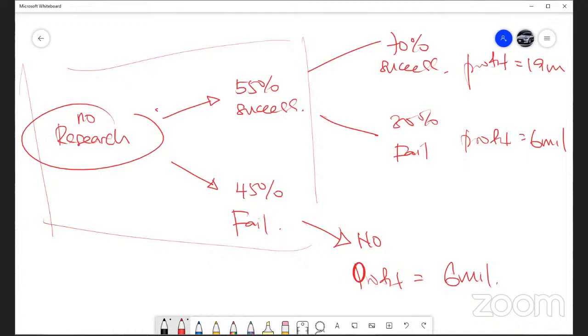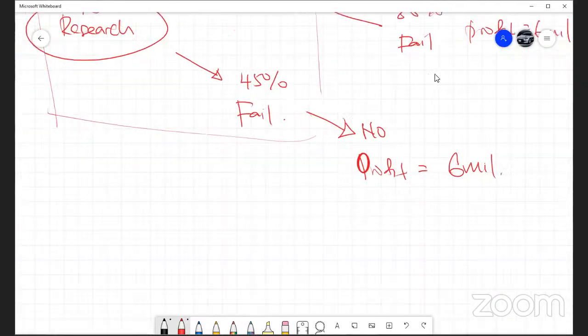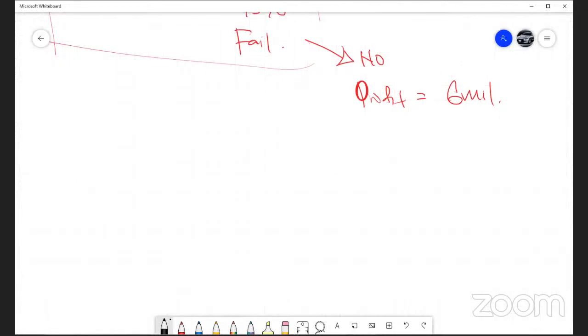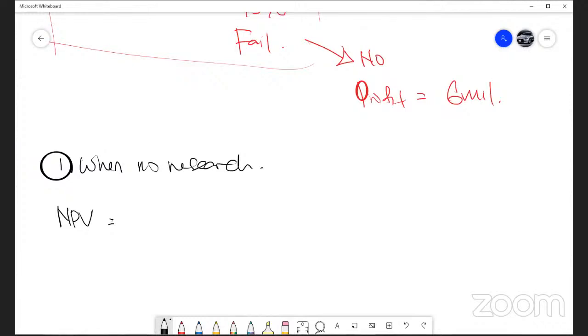So the first scenario, when there's no research, the NPV of no research will be this.